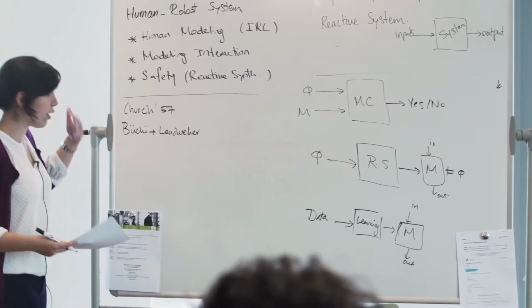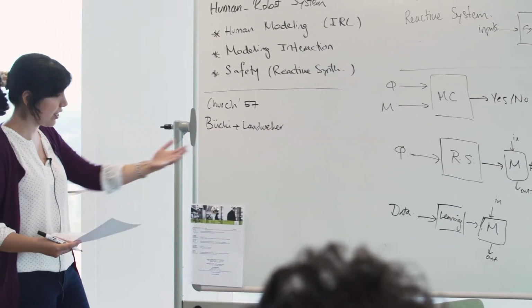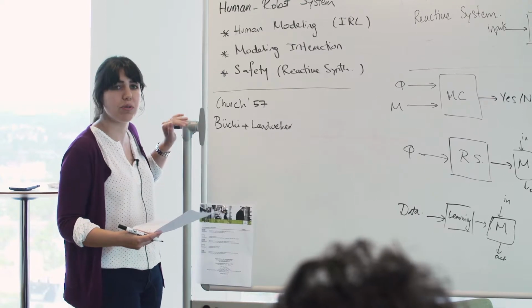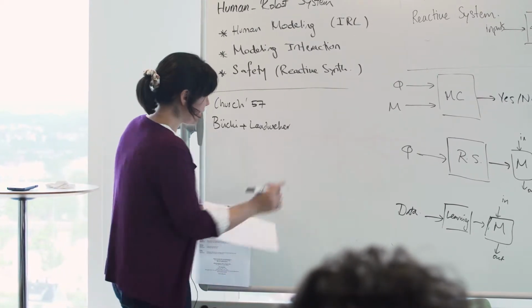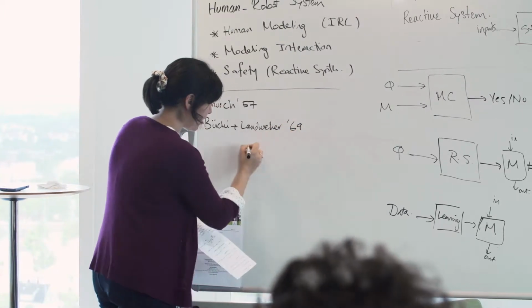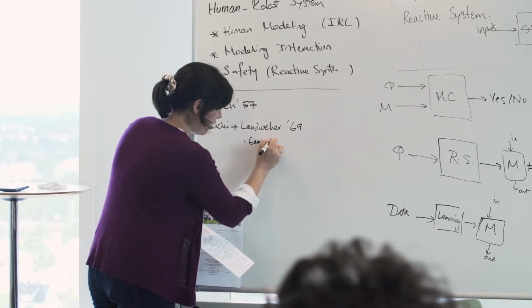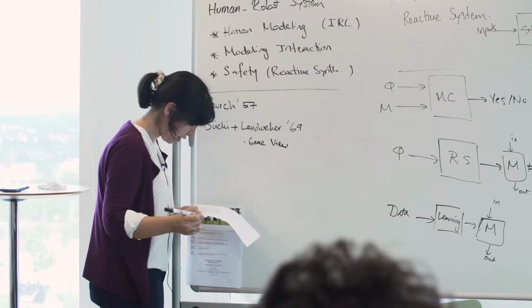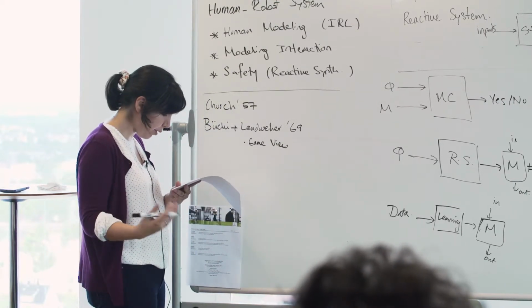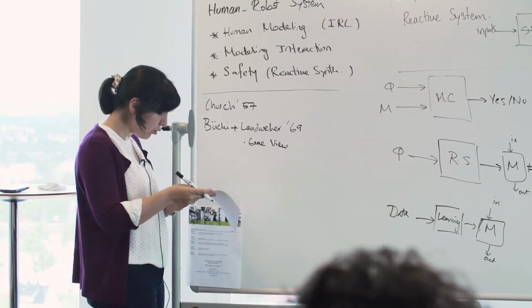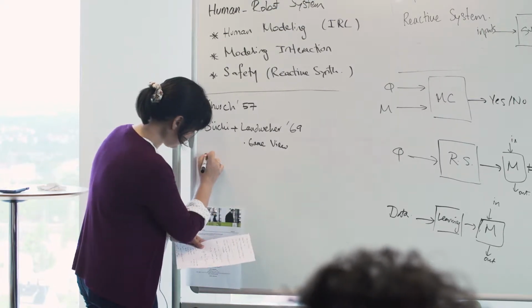They showed that if there exists some strategy, it's definitely going to be a finite state system. In 69, they provided this game view of the problem that we'll talk about. Then in 72, Rabin came up with simpler solutions. And then more recently, let me write the more recent stuff.